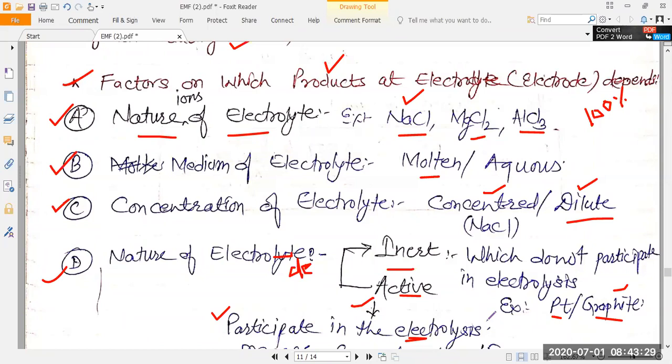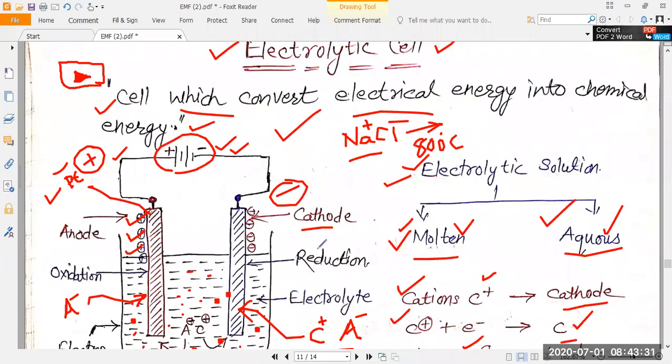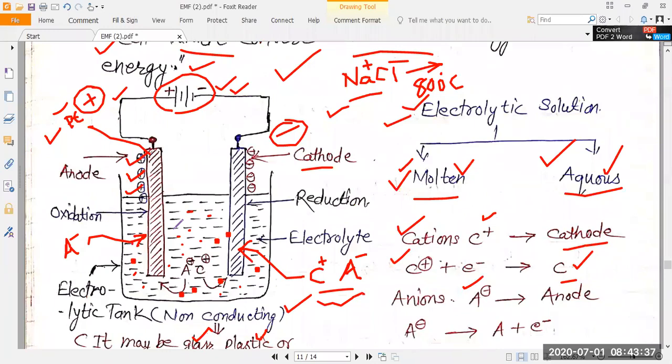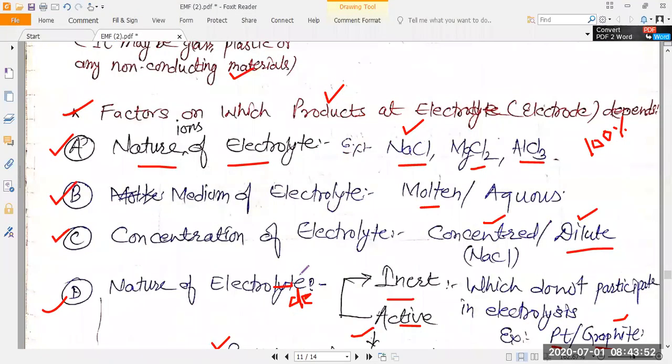When we set up this type of experiment and pass electric current in the electrolytic solution, then the electrolytic solution breaks down into respective ions, respective elements, and deposits at different electrodes, and this process is called electrolysis.